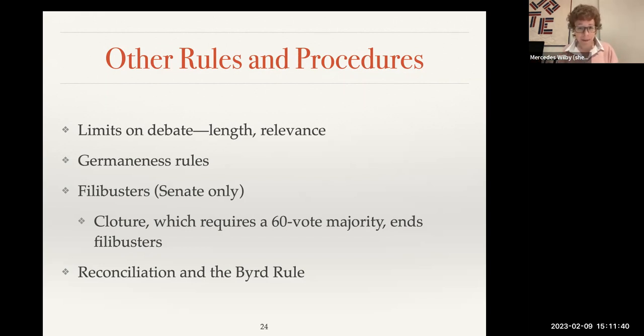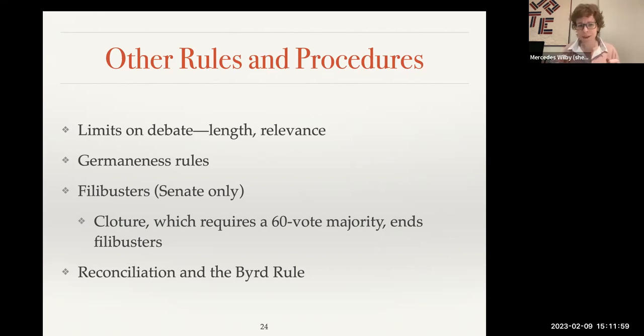Now, there are a couple things that can't be filibustered. Supreme Court nominations can't be filibustered currently because the Senate changed that and implemented a rule saying they can't be filibustered. And reconciliation votes can't be filibustered. That means that votes on basically the federal budget cannot be filibustered.